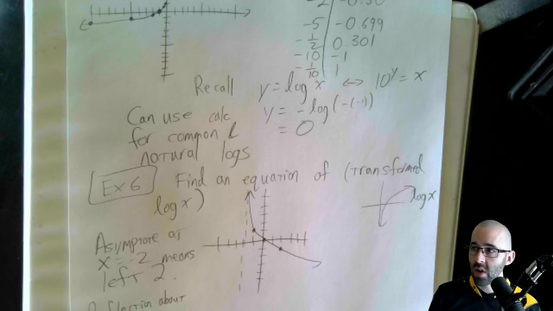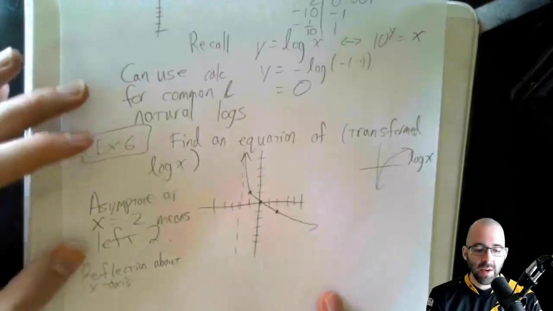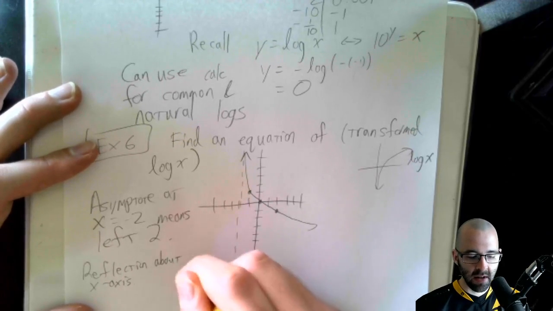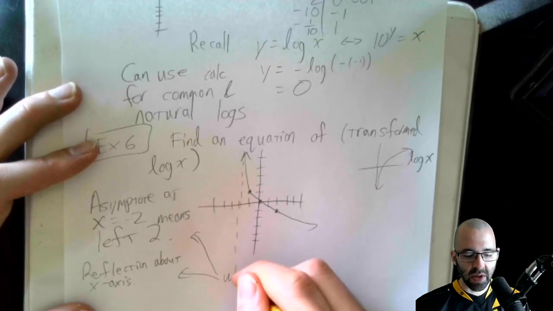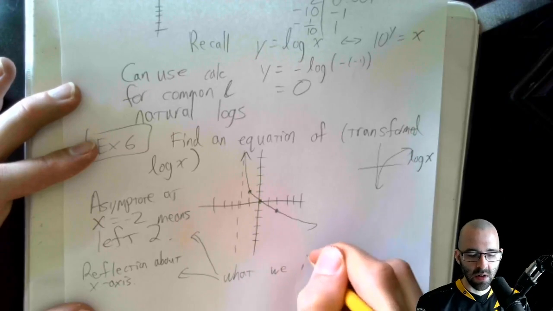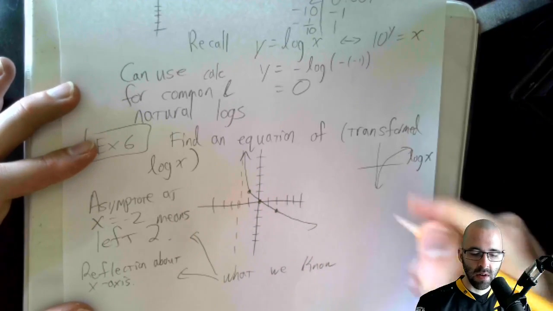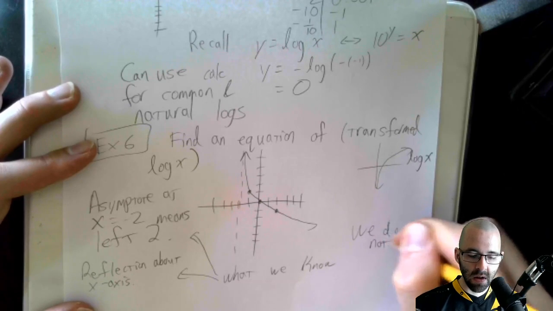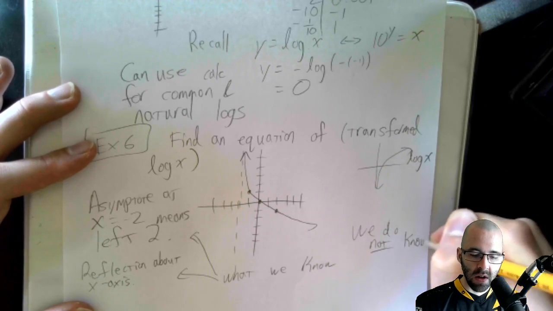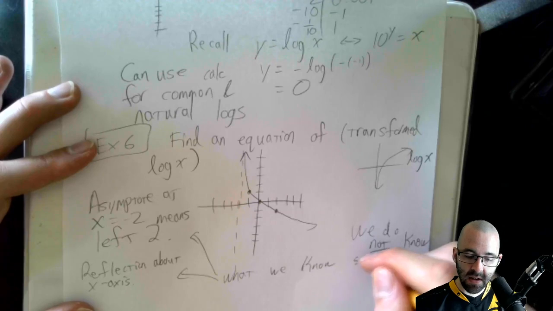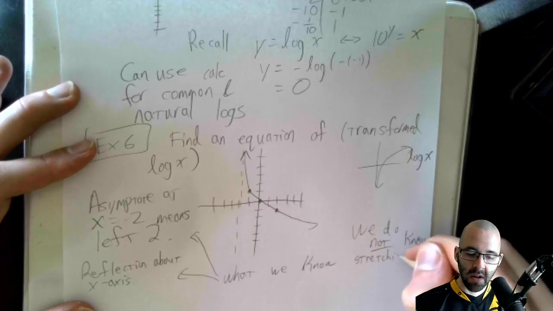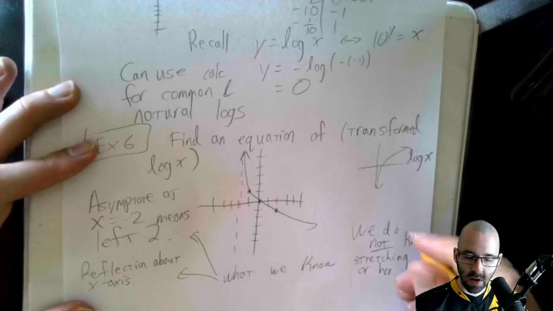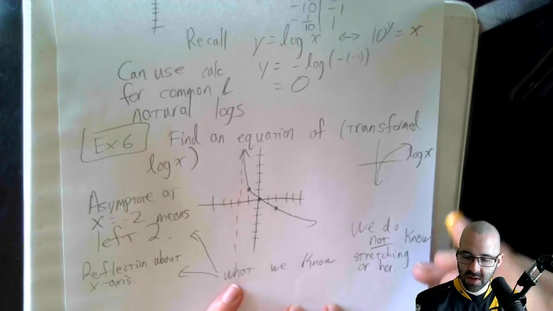What we do not know, and what really causes the problem, is this. This is what we know. We do not know if there's a vertical stretching or a vertical shift. We know that there's a horizontal shift.